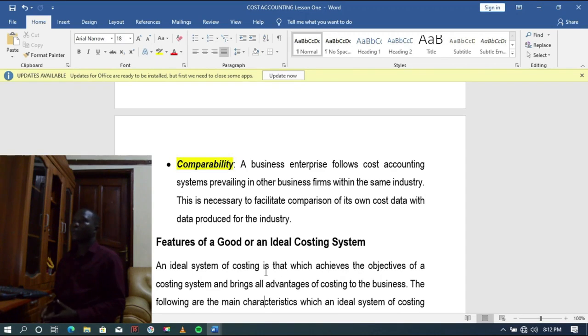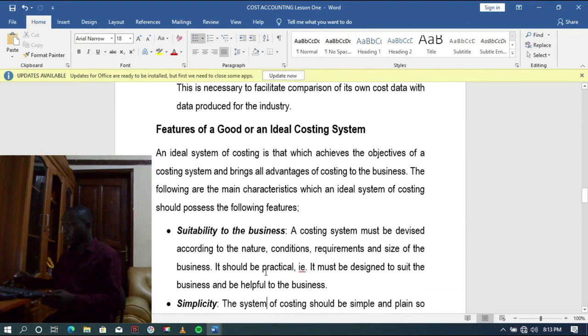At the same time, it should also enable cost comparisons between the firm and other firms in the same industry, for purposes of finding out whether we are incurring the least cost or the highest cost compared to other firms in the same industry, so that we can make decisions and adjust to match the minimum costing required to produce a given commodity.